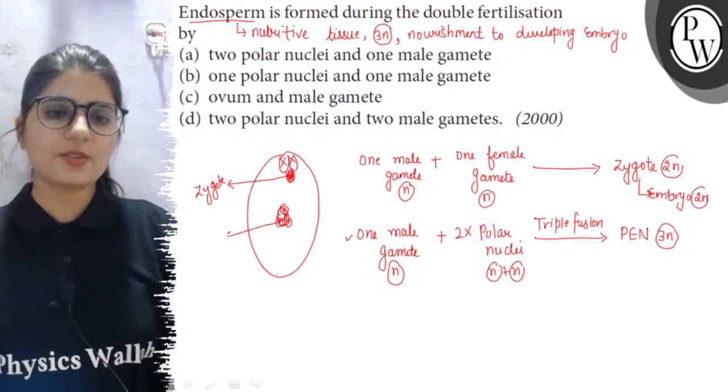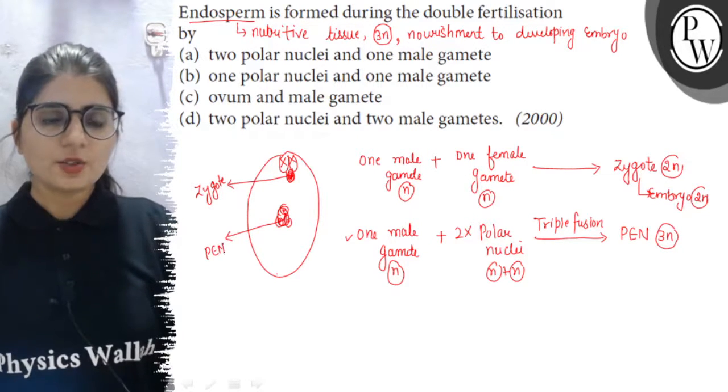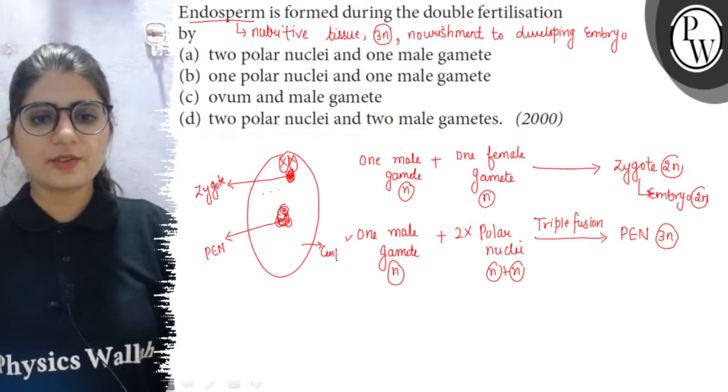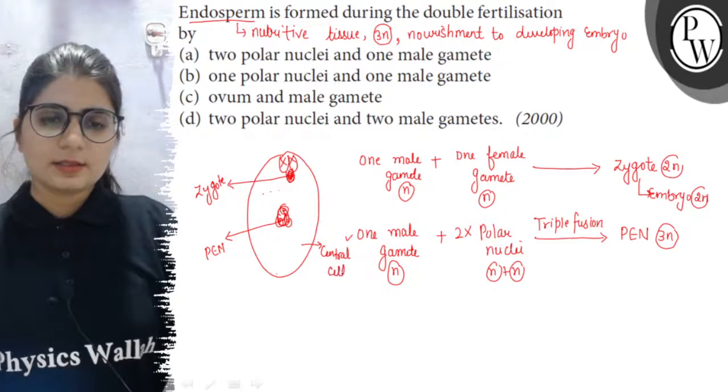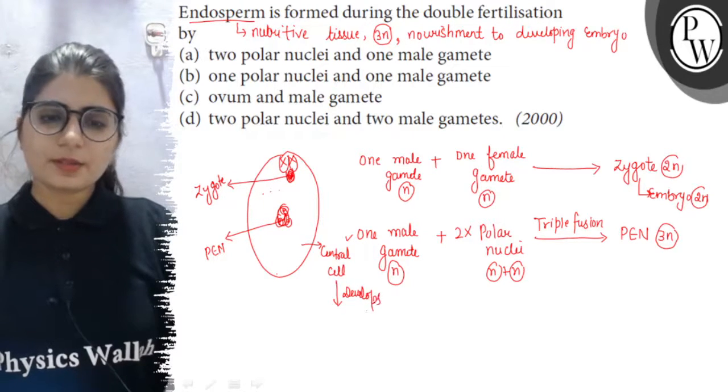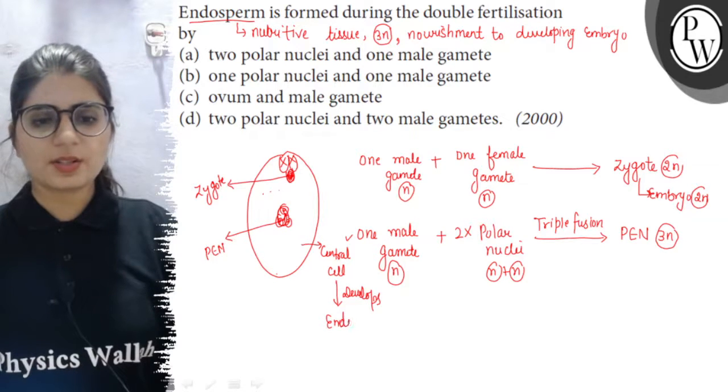Now, this triploid structure is called PEN. So, after this event, this central cell, this larger cell, develops and it forms a tissue which is called endosperm.